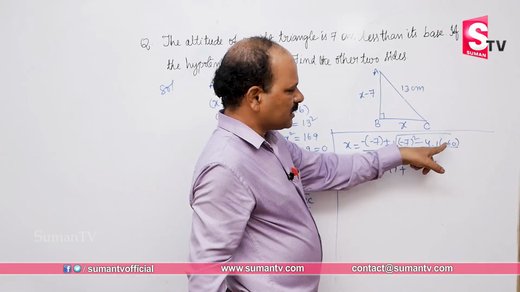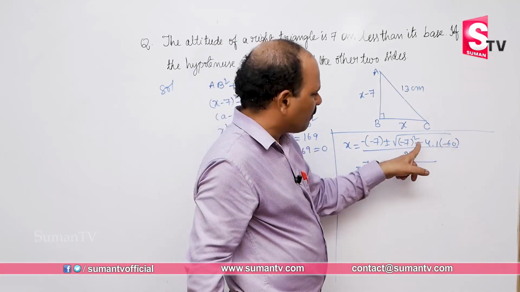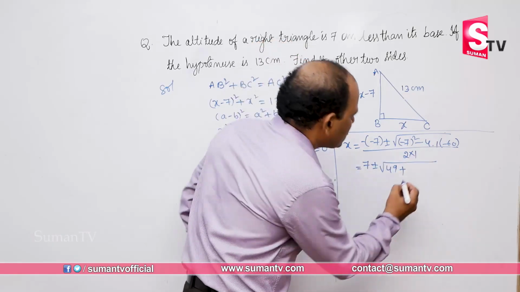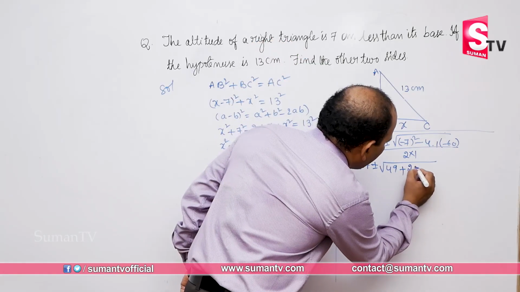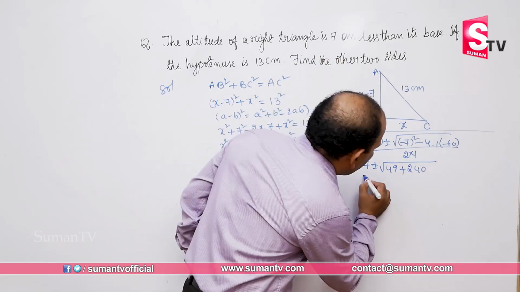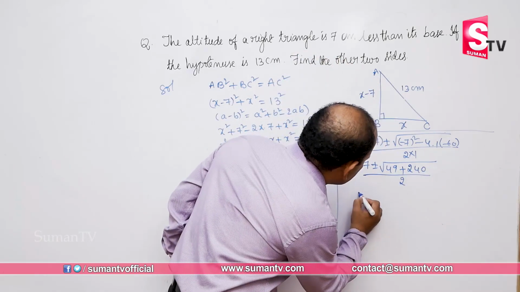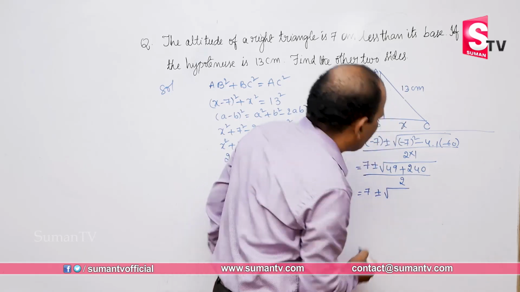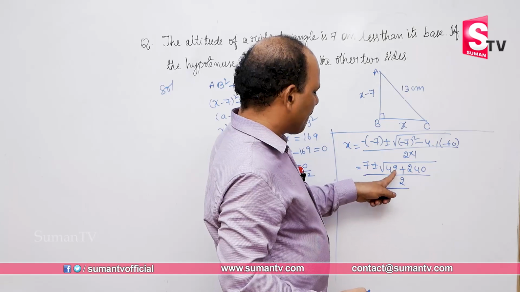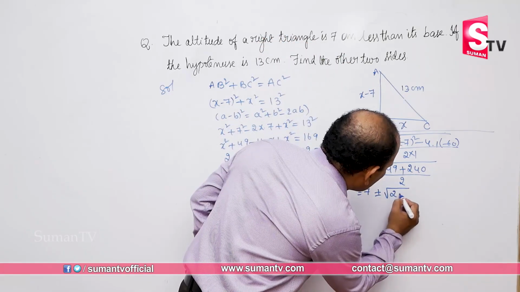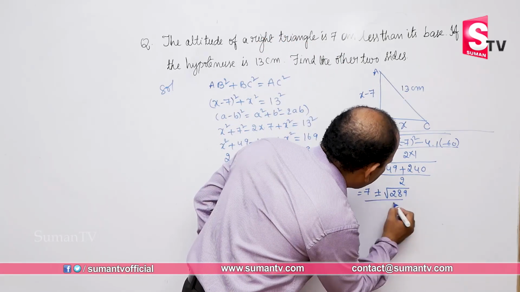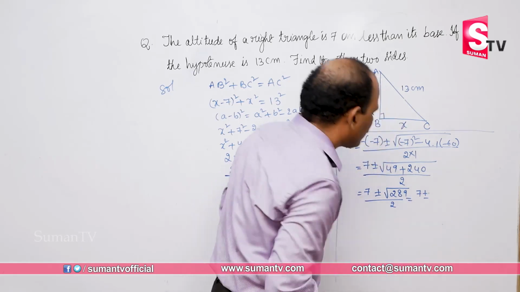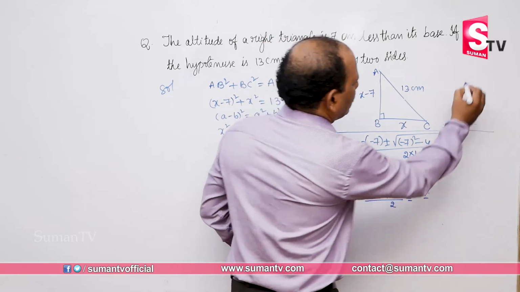Minus this minus and 60 also having another minus. Minus and minus will become plus. 4 into 1, 4. 4 into 60, that is 240 by 2 is equal to 7 plus or minus square root of 240 and 49, that is 289 by 2.